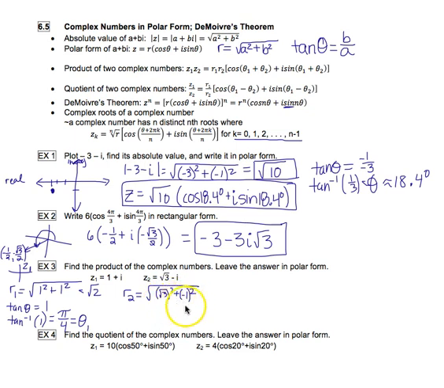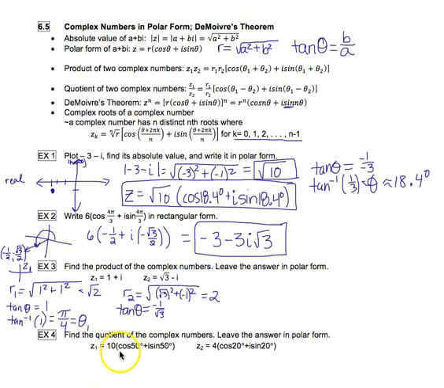So then I have 3 plus 1, which is 4. Square root of 4 is 2. So in this case, radius 2 is just 2. Tangent of theta is going to be equal to negative 1 over radical 3, which again is also a unit circle value.